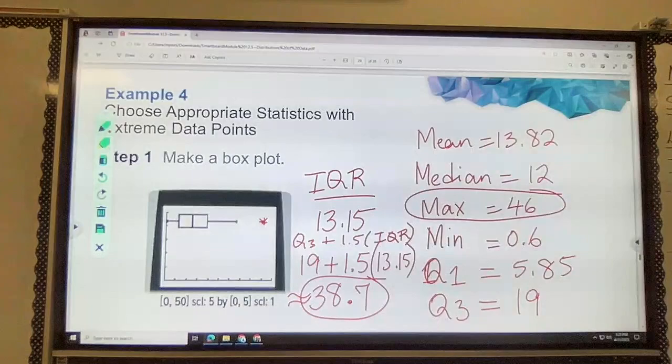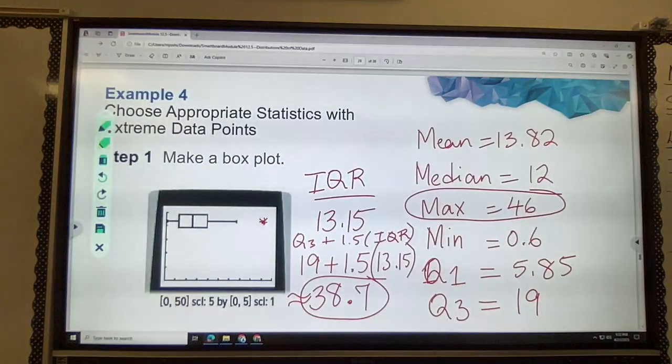So I can see all that just by looking at all the data that is provided to me. And describing the effect of the outlier, I can see that since 46 is an outlier, it has affected the mean. To see how much, we are going to remove 46 from the set of data and display the statistics again.